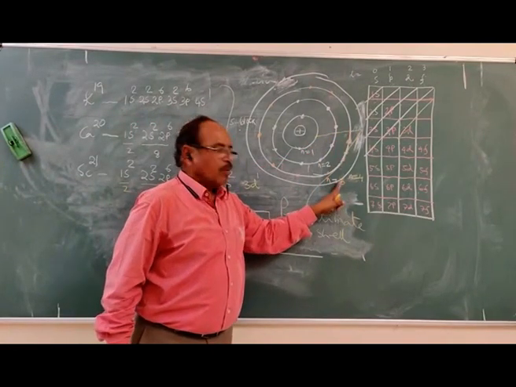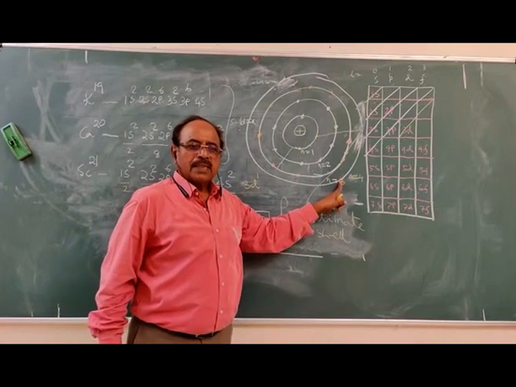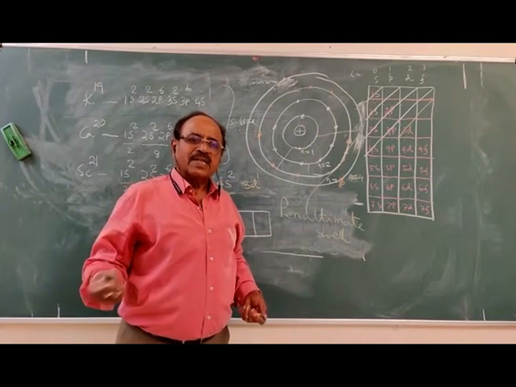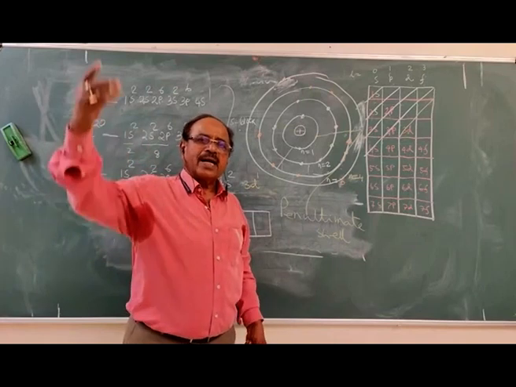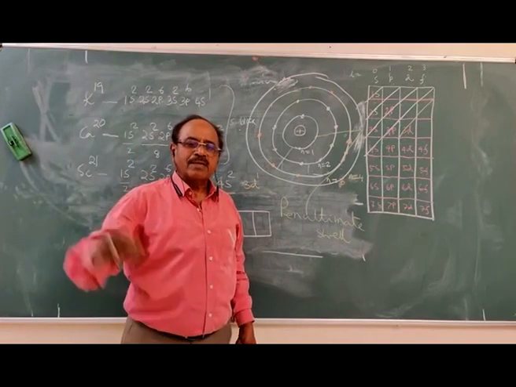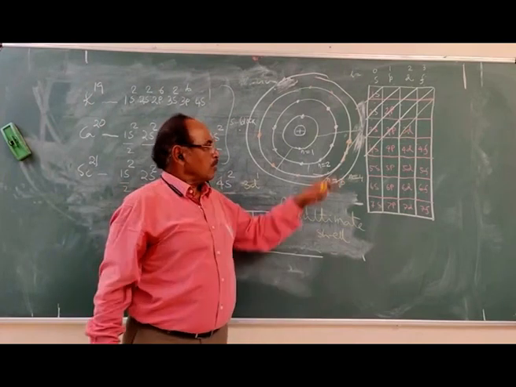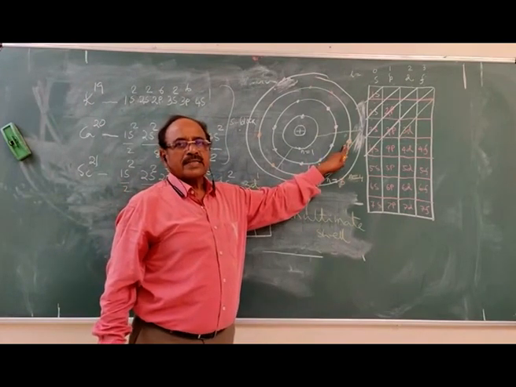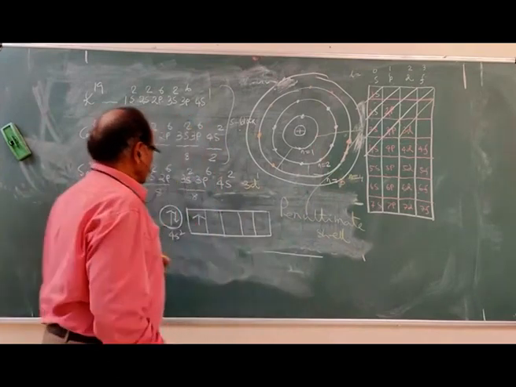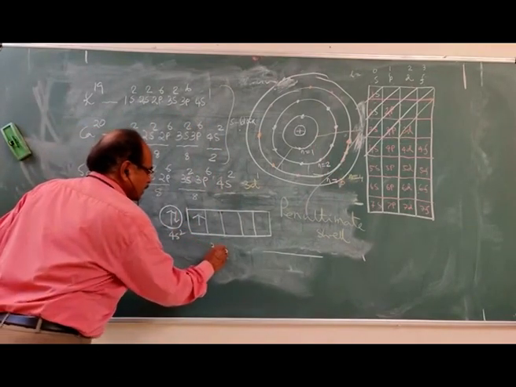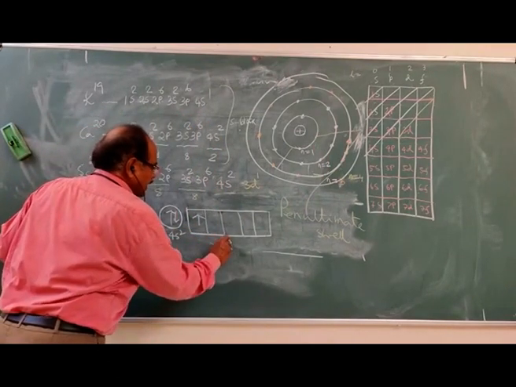What is the outermost shell? The outermost shell is the fourth shell. They are normal elements when the electron is added to the next higher and higher shell. When the electron comes to the d orbital of the inner shell, they are called transition elements. So 3d1 is scandium.